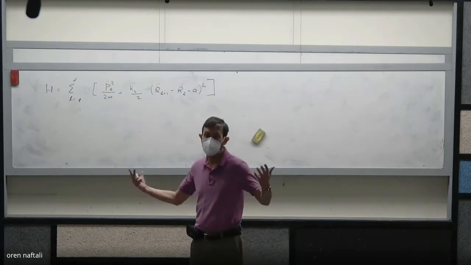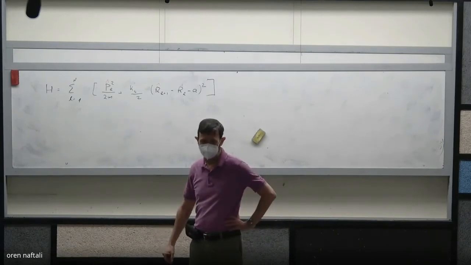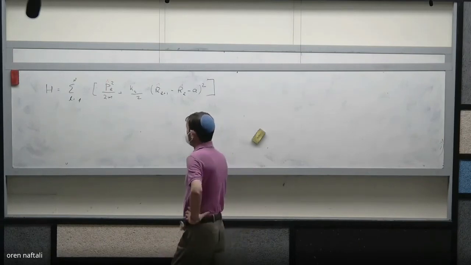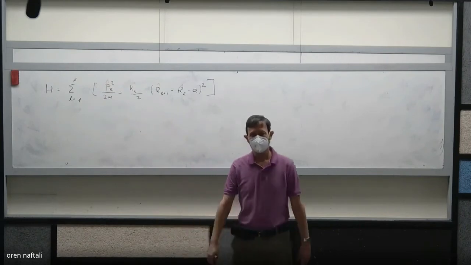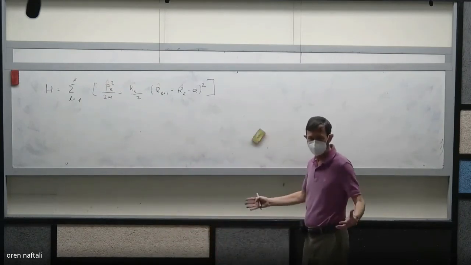Here I have two n operators, p1, p2, p3, and so on till n, r1, r2, r3 till n.